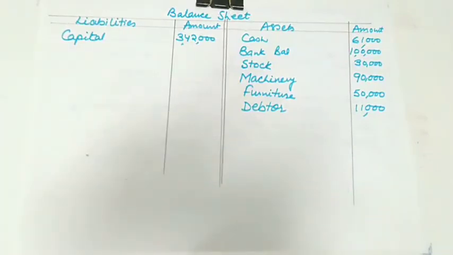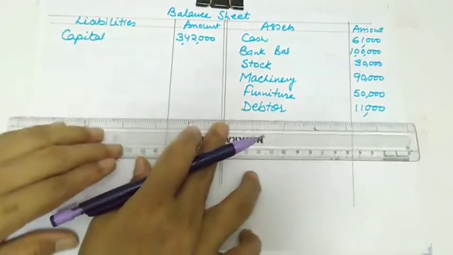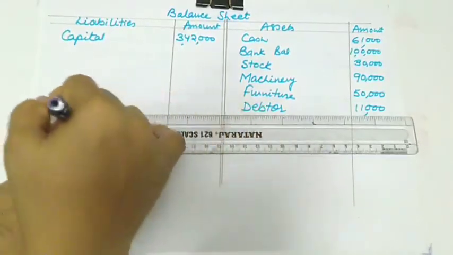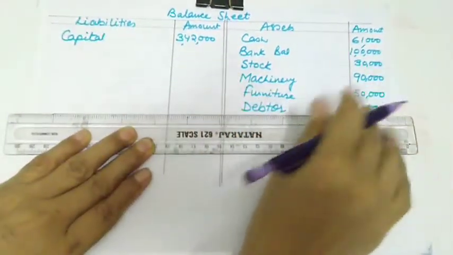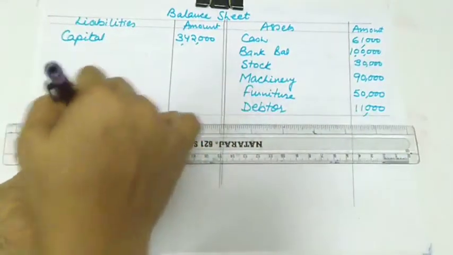So let us add all the 6 items and see the total should be equal. And it was equal in the accounting equation, so here also it will be equal.